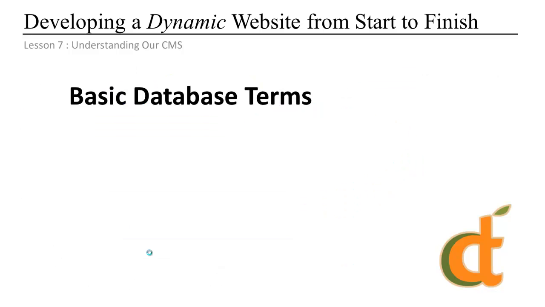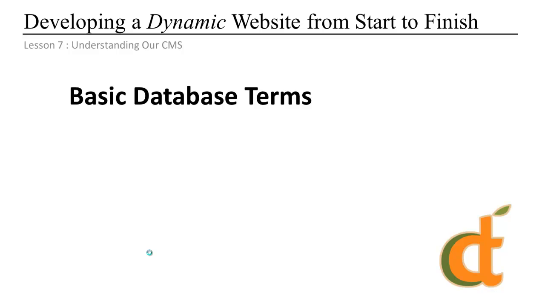So really quick, just some basic database terms to get you familiar. I'll also note that along with our Intro to PHP series, you could also check out our Intro to Online Databases, which runs through the basics much more than we're going to do here.